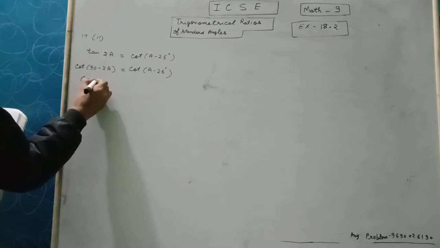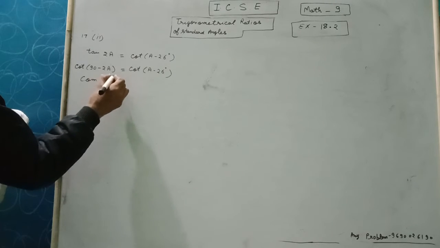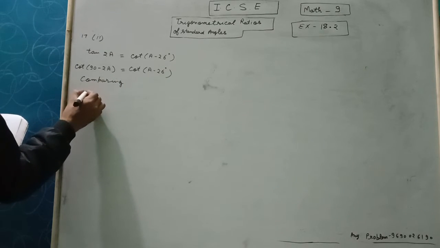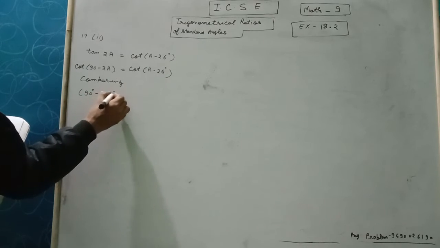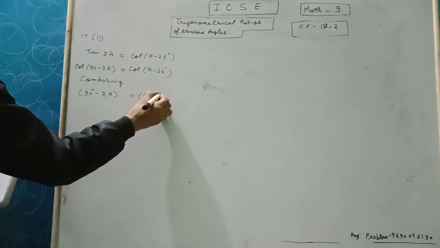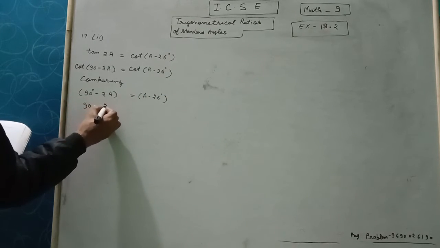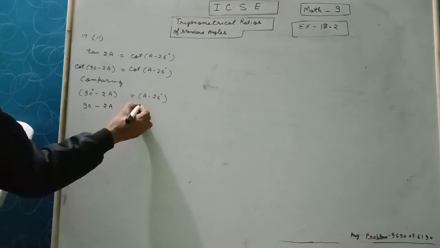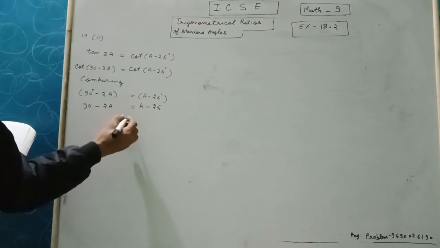After comparing, 90 minus 2a is equal to a minus 26. Remove the bracket: 90 minus 2a is equal to a minus 26.